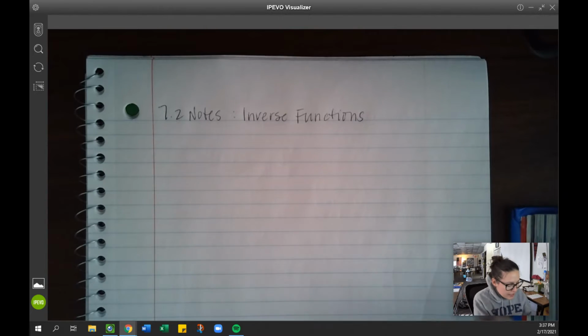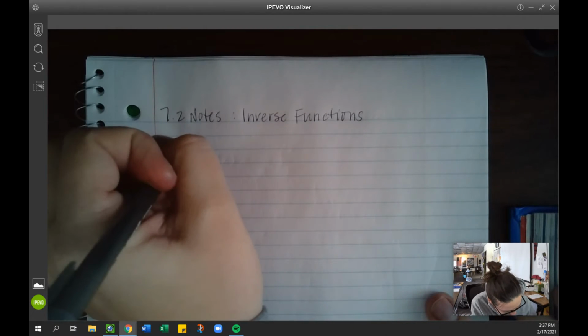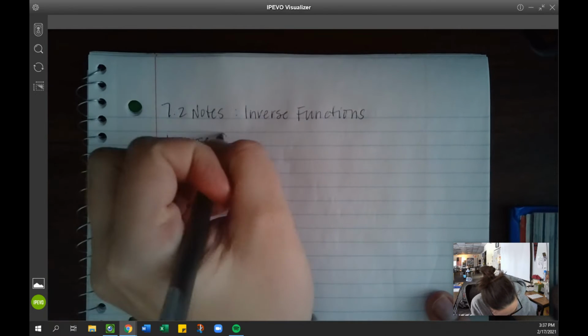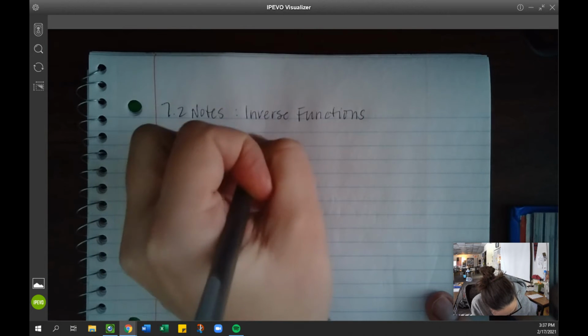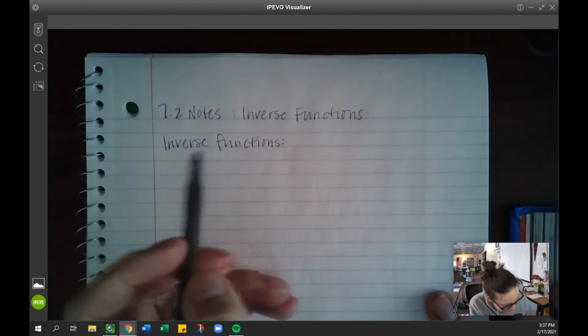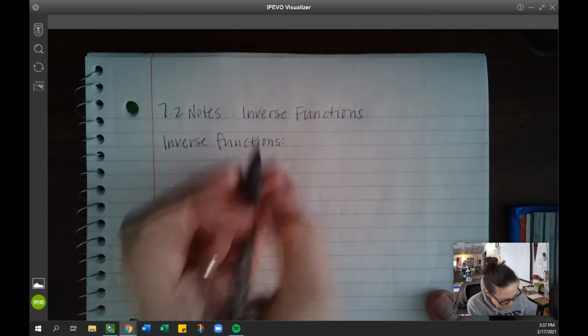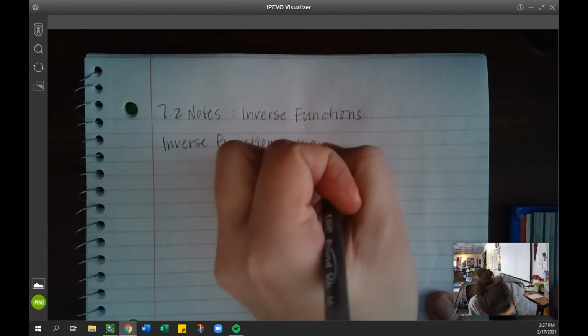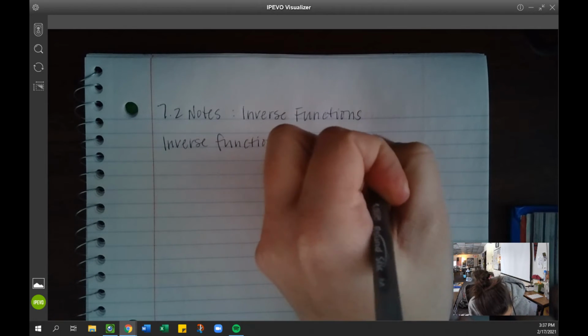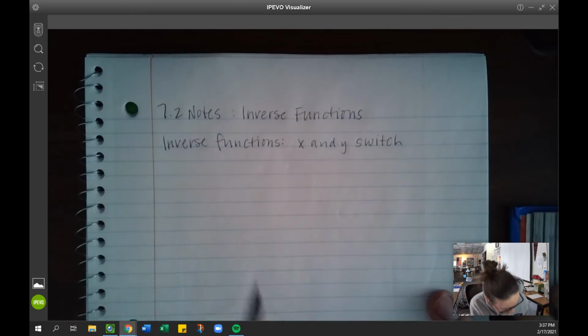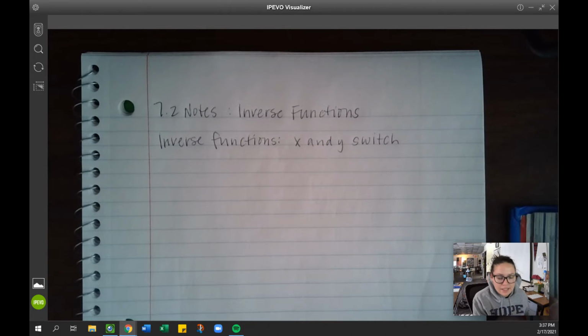And the key idea with inverse functions is that x and y switch.